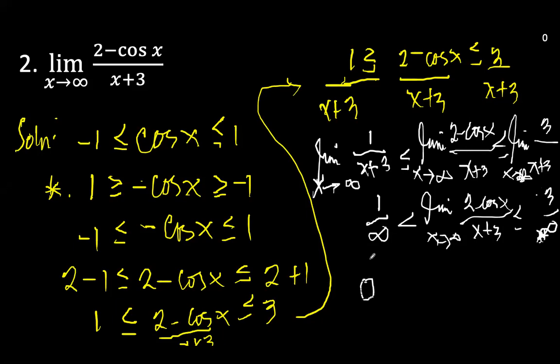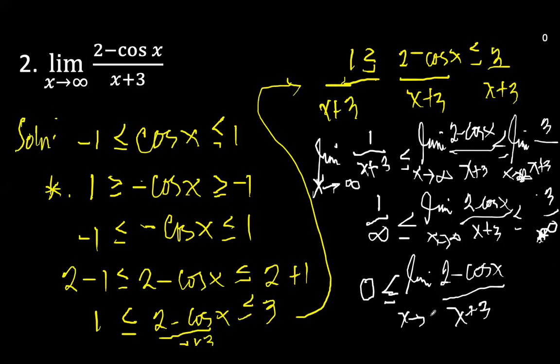Therefore, this approaches 0, less than or equal to the limit of 2 minus cosine x all over x plus 3 as x approaches infinity, is less than or equal to, what is 3 over infinity? That's 0.